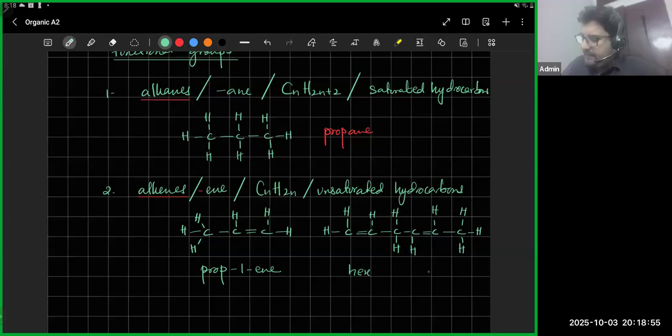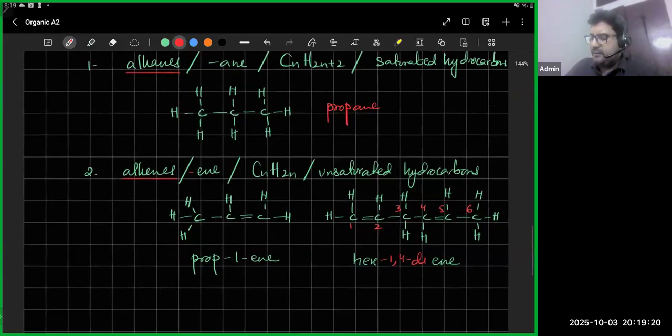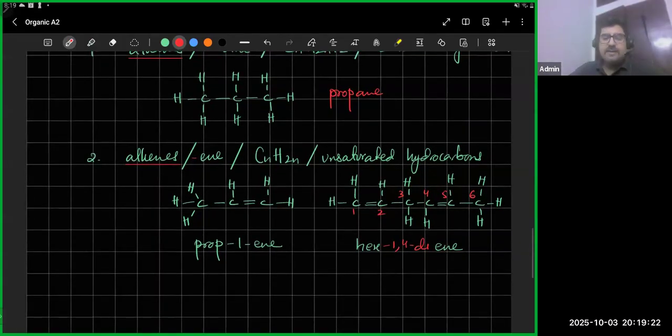It is obviously an ene because it's an alkene, it's got double bonds, but there are 2 double bonds, so you're going to call it diene, and you have to give the position. One of them is on the first, second, third, fourth, fifth, sixth. The counting is done from the side that's going to give the smaller numbers, so it's going to be 1 and 4. The position is going to be mentioned over here. So di is the number of double bonds and 1, 4 is the position of each one of those double bonds. Okay. So alkenes clear?